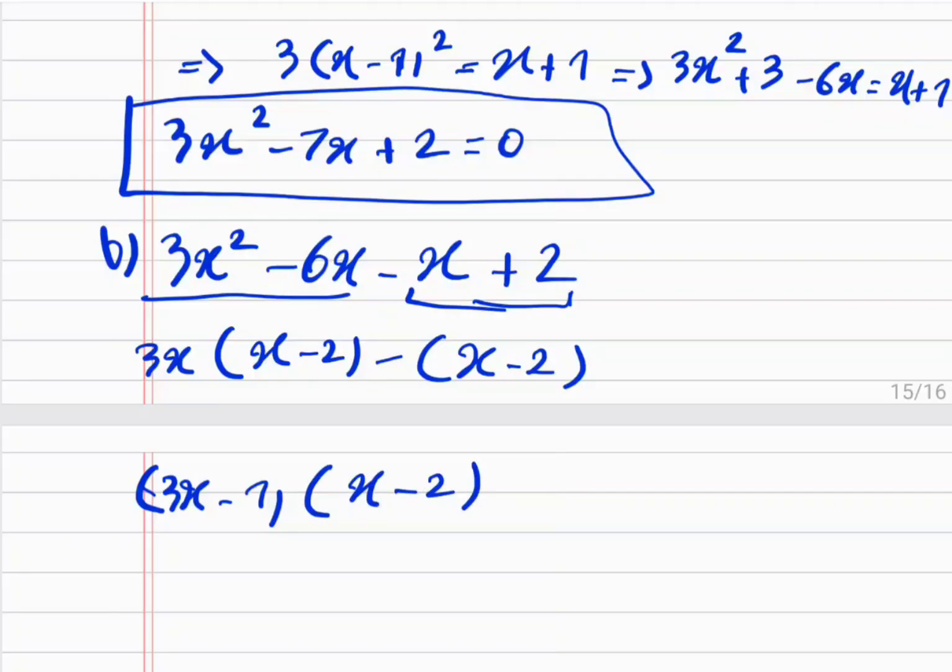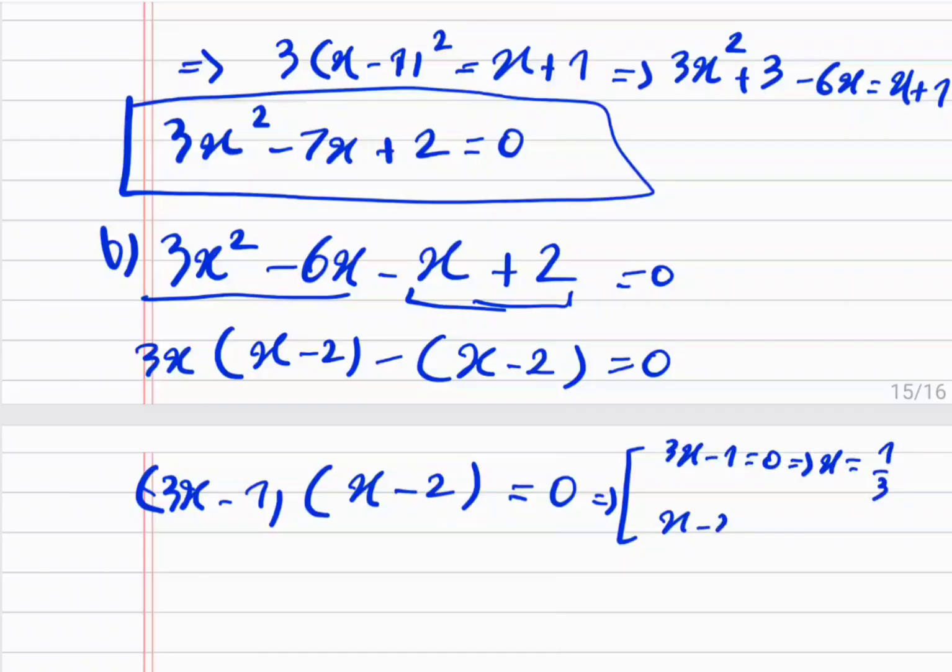So this is the factorization. Now if you want to solve this equation, we set the two brackets equal to 0. First we have 3x minus 1 equal to 0, which means x is equal to a third, and second x minus 2 is equal to 0, which means x is equal to 2.